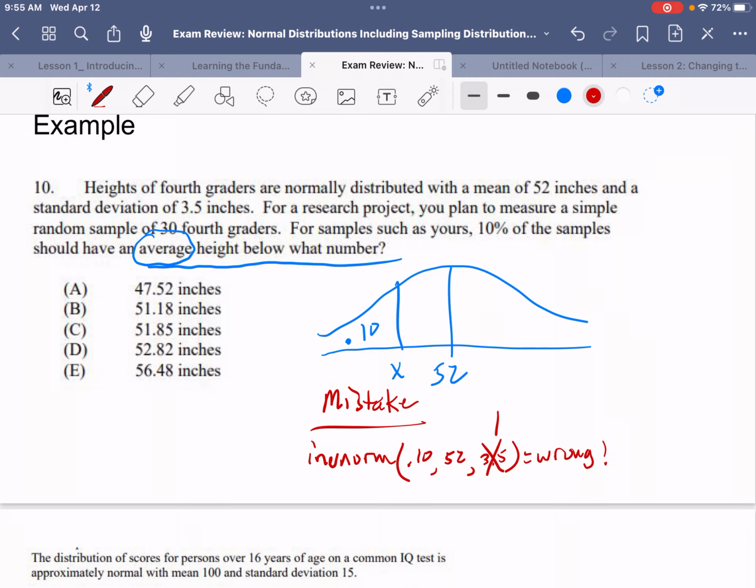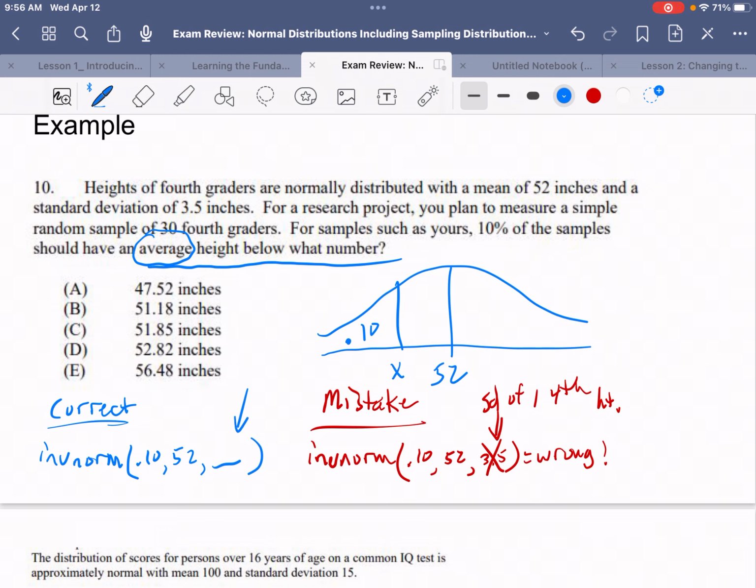That is the standard deviation of one fourth grader's height, the standard deviation of each fourth grader's height. Well, what is the correct way to solve this problem? Inverse norm 0.10 comma 52, no problem there, but we've got to put the right standard deviation right there.